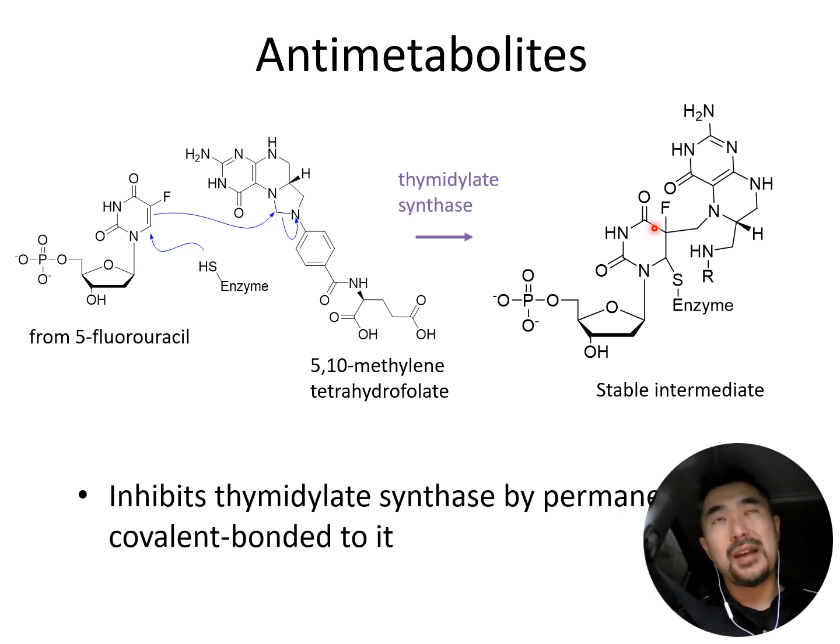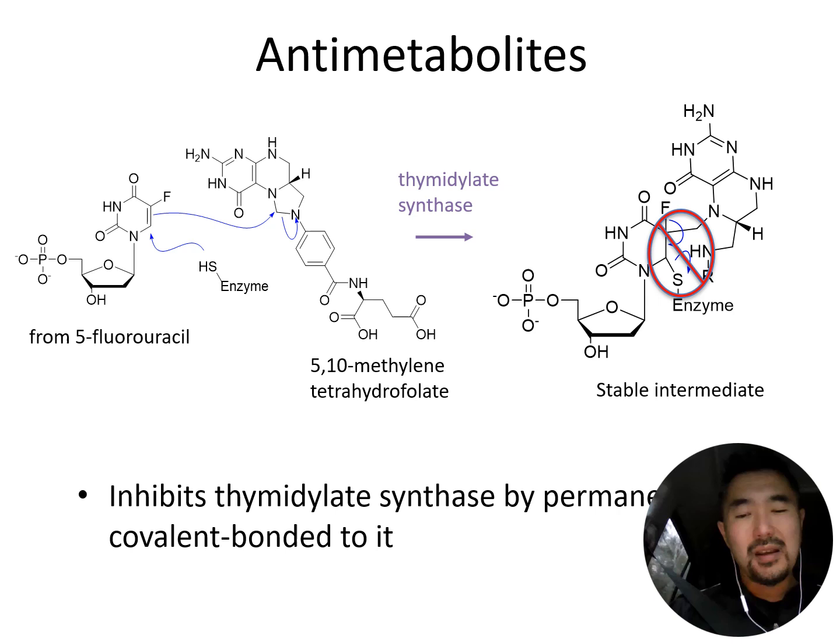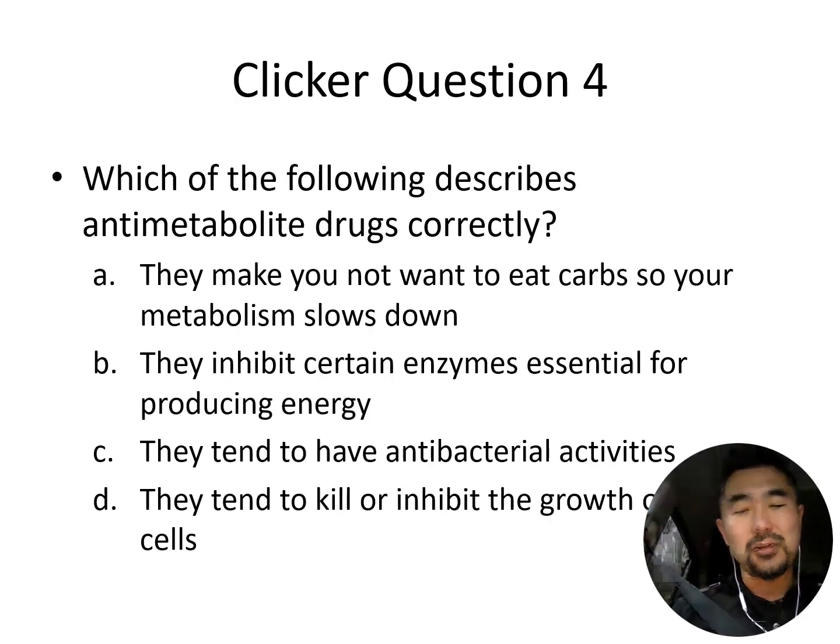Meaning that you will not be able to make any thymidine nucleotide, meaning that you're not going to be making any extra DNA, which means that the cell, unless you make more thymidylate synthase enzyme, is not going to be able to grow anymore. And of course, that is useful sometimes for an antiviral application, but usually for an anti-cancer application. And that's how this drug, 5-fluorouracil, would work.